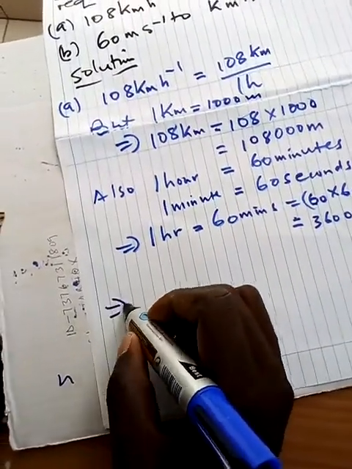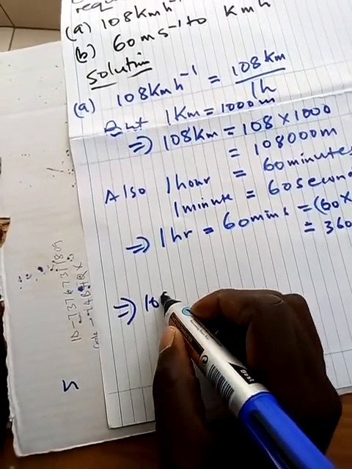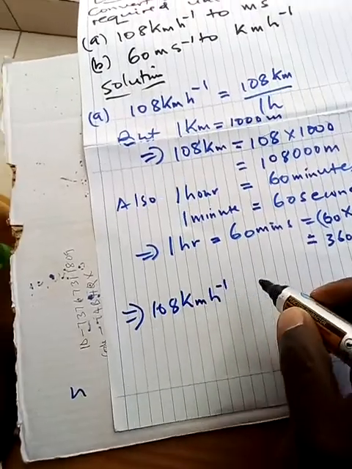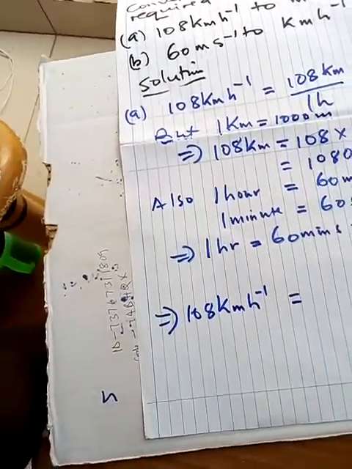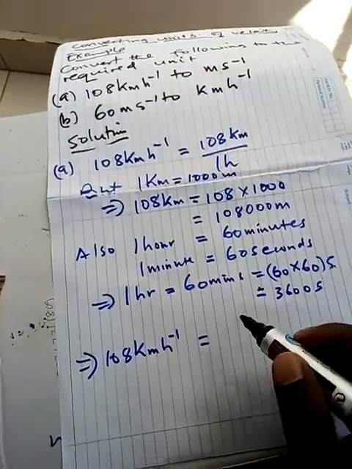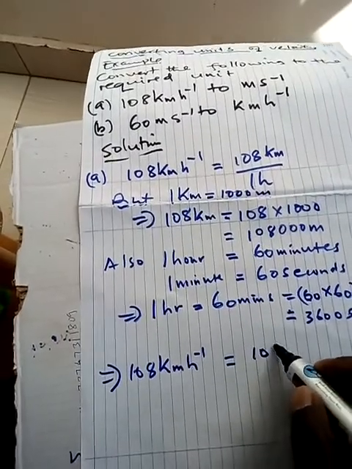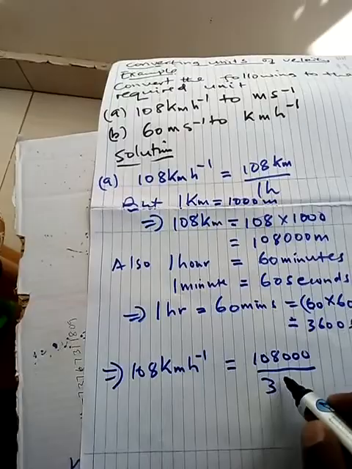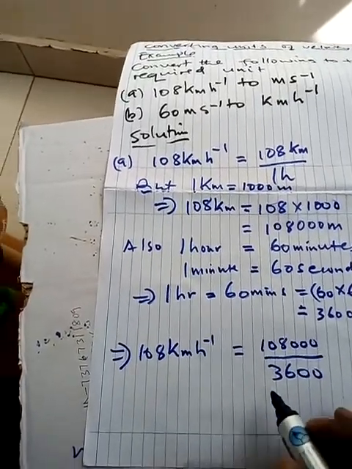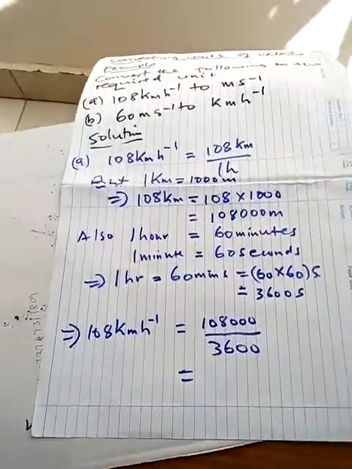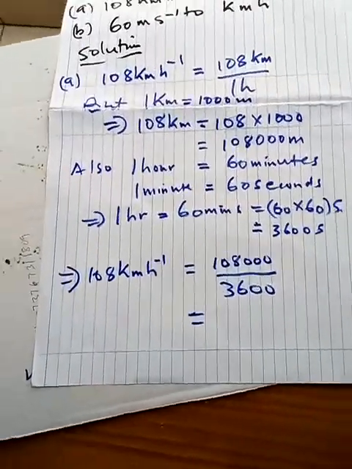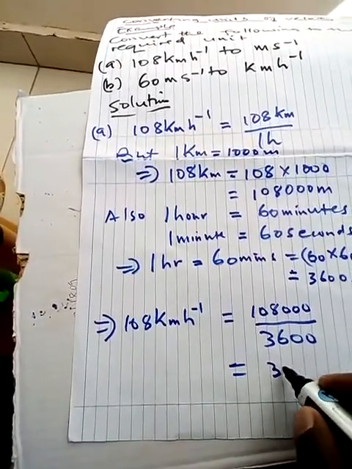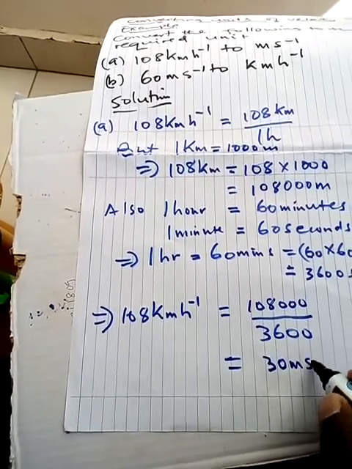Now, we solve this going backwards. This would mean that you have 108 kilometers per hour being equal to, what is the 108 kilometers in terms of meters? It is equal to 108,000 divided by 3,600. And when you use your calculator properly, you come to consensus with me that this gives you 30 meters per second.